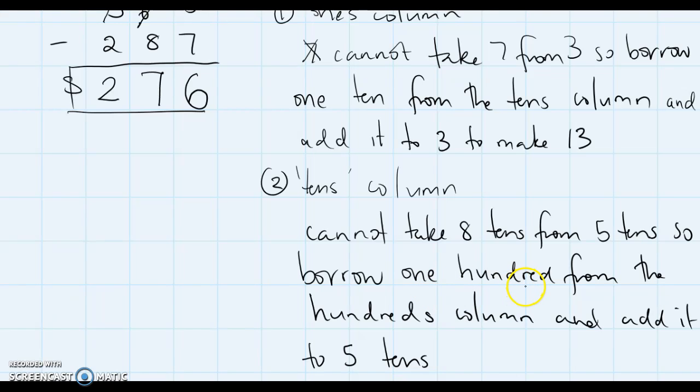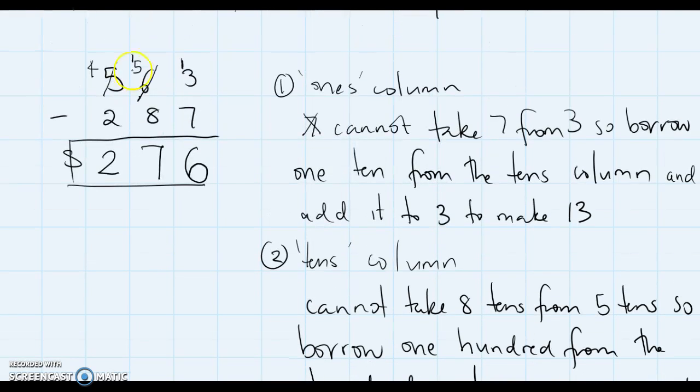Remember, 100 is the same as 10 tens. So 5 tens plus 10 tens is 15 tens. Okay, so now it's 15 take away 8 is 7.